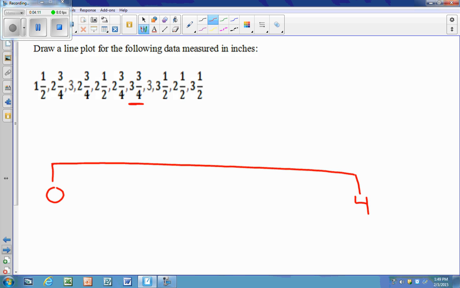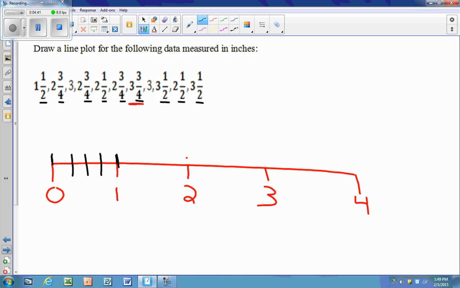Now I'm going to split this up so that I can have all of my whole numbers here. And there's my whole numbers. Now I'm going to look at all of these denominators, and I'm going to figure out what denominator I should make this.